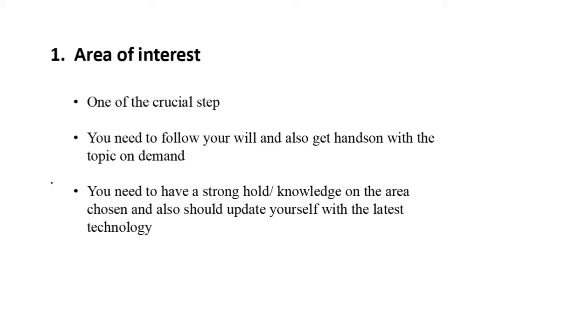I have to select such a topic in machine learning where it satisfies my will and also the market demand. You also need a strong hold on the area you have chosen, and you need to update yourself with the latest technologies, right? This is the very first step in the publication process, choosing your area of interest.